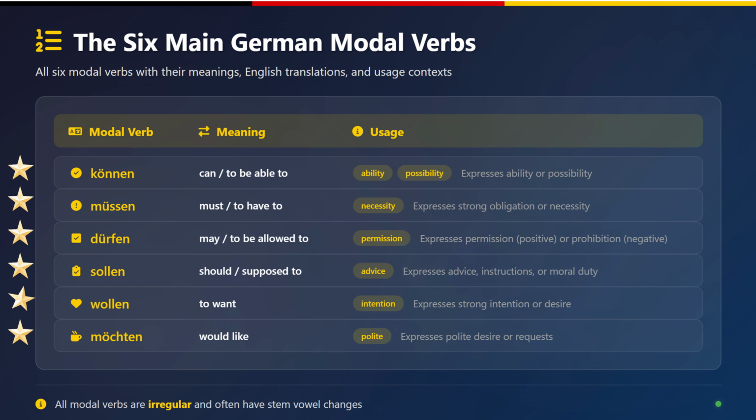Wollen means to want and shows strong intention or desire. Möchten is a polite form meaning would like and is used for polite requests or wishes. Remember that all of them are irregular and often change vowels in the singular forms. This table will be your quick reference throughout the lesson.